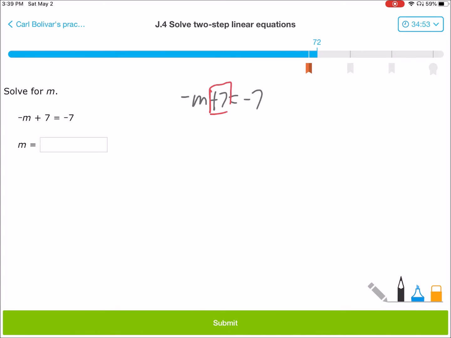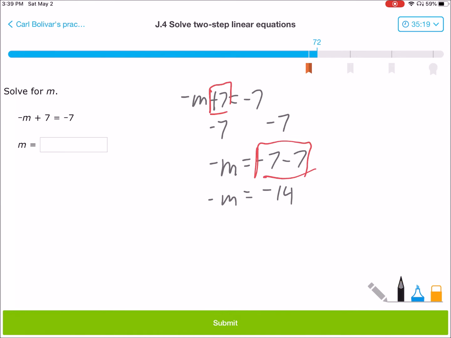The opposite of the positive sign is a negative, so we subtract 7. We subtract 7 from the other side as well to make negative m equal to minus 7 minus 7.